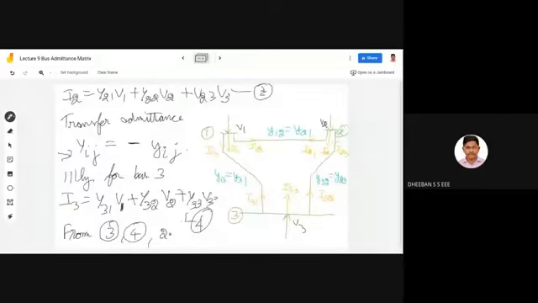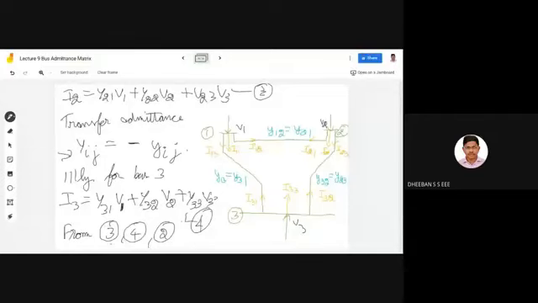What we have got is 3 equations with 3 unknowns. So it is very easy to form a matrix.